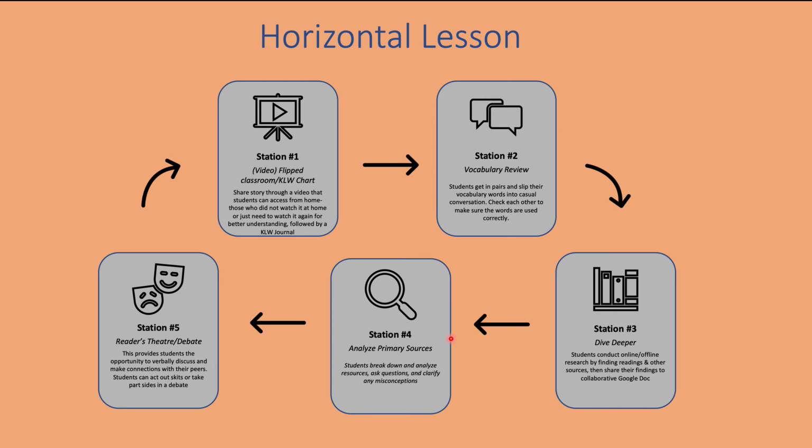Station 4 is to analyze primary sources. So students break down and analyze sources. They ask questions and clarify any misconceptions. At this station, I will provide newspaper articles over the topic or the event, maybe some pictures or photographs or some journal entries. And I really want students just to break it down and analyze it.